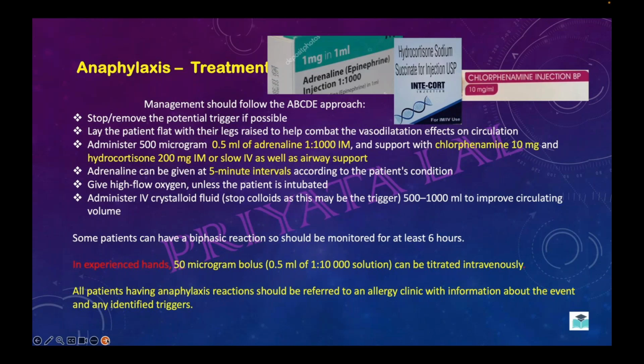So ABCD approach: remove the trigger, lay the patient down, raise the legs. Apart from this, give 0.5 ml of adrenaline 1 in 1000 IM, chlorpheniramine 10 milligram, hydrocortisone 200 milligram IV or slow IM, as well as airway support.